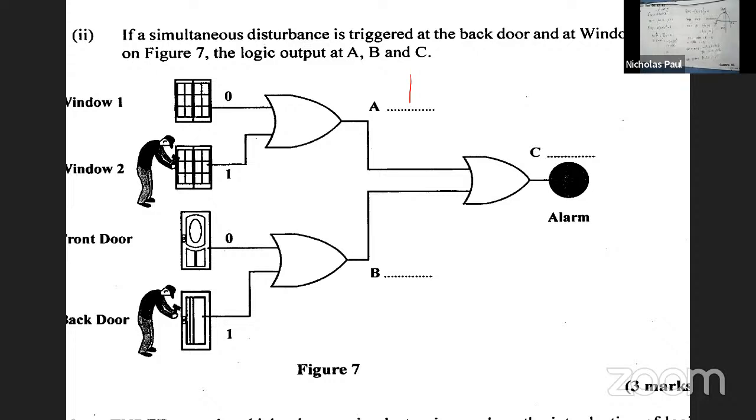Oh, yeah, one. Right? A is 1, B is 1, and C is 1. Are you okay with that? All right.